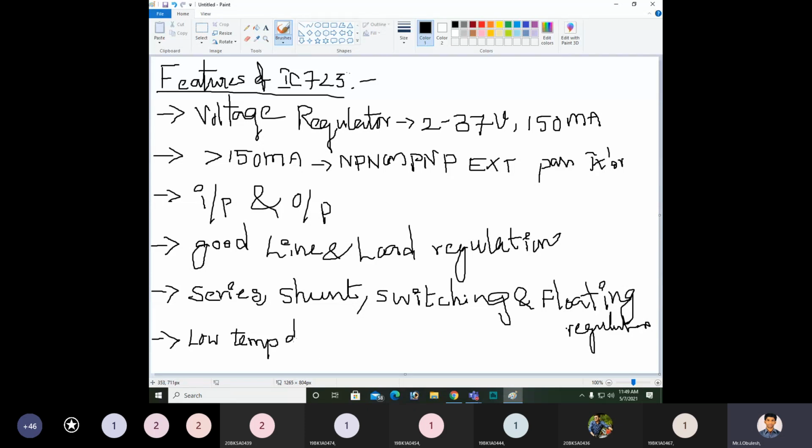I am writing only temp, but you need to write low temperature drift and high ripple rejection.